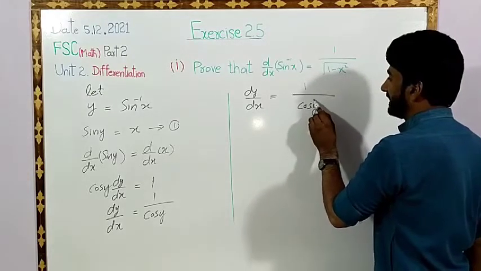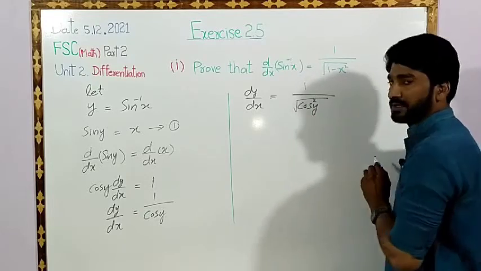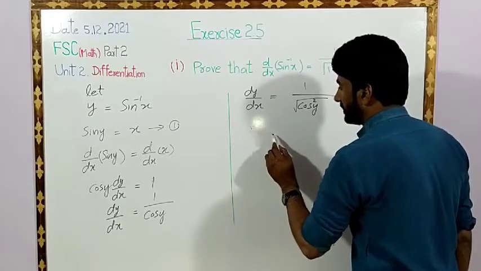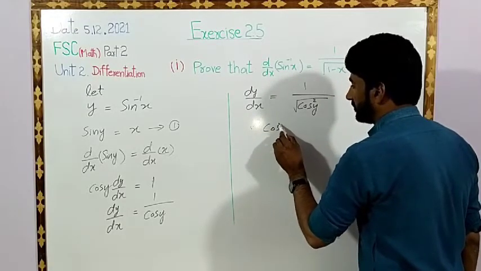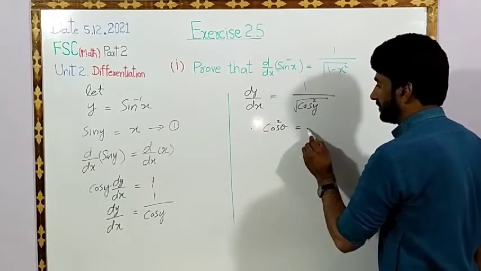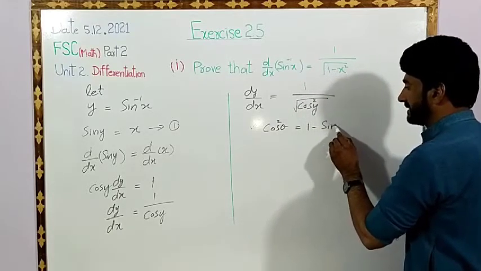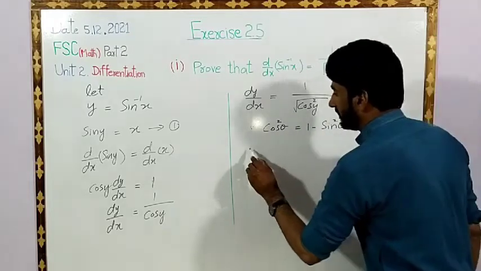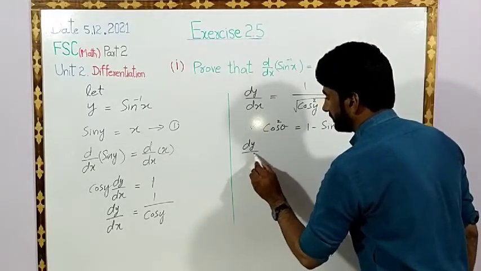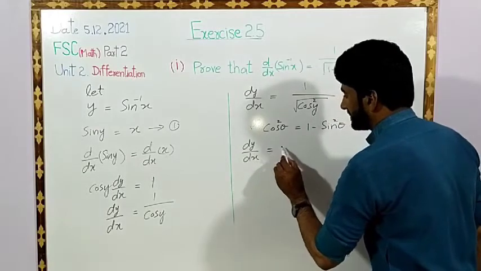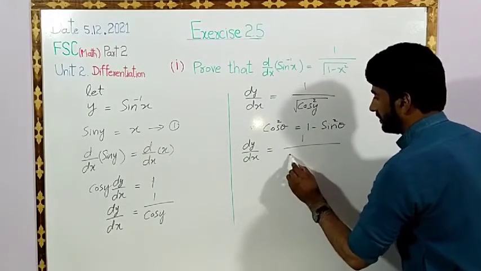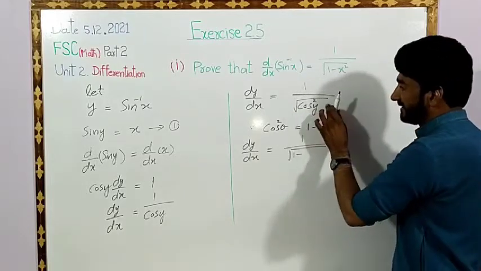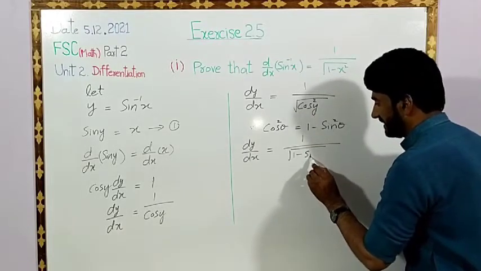We can take square and under root, because square and under root cancel out. Now we know that cos square theta is equal to 1 minus sin square theta, so we can use this result. dy over dx is equal to 1 over under root 1 minus sin square y.